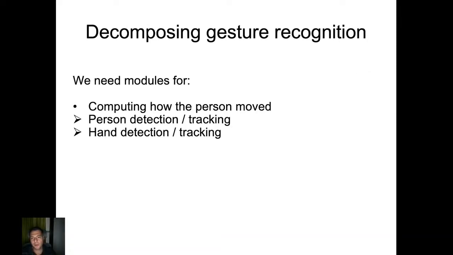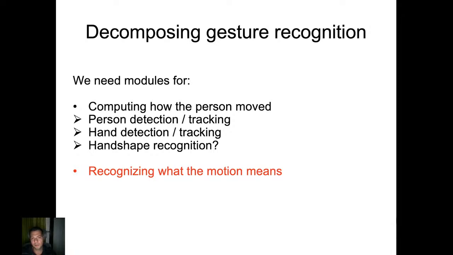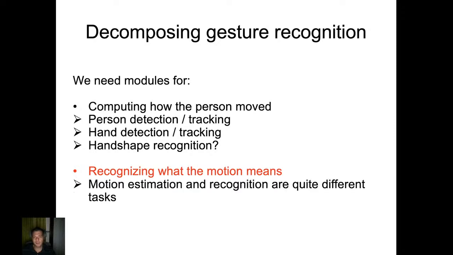Okay, once you figure out which is the person that's performing the gesture, then you have to detect the hand and track it over a number of frames. And also one aspect is hand shape recognition. What we're trying to obtain here is to recognize what the motion means.